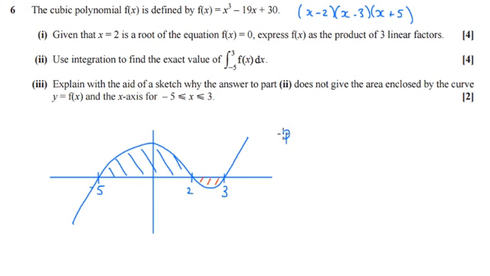So the answer is because part of the graph is below the x-axis, which is between 2 and 3.